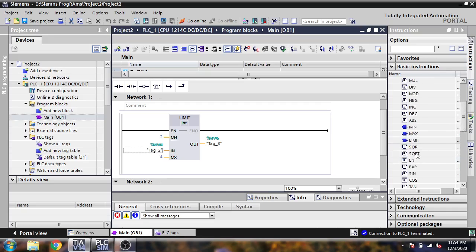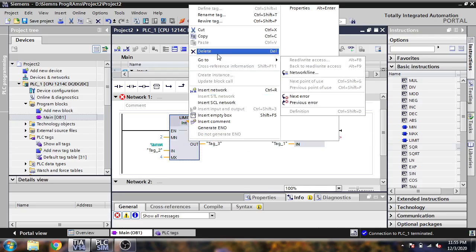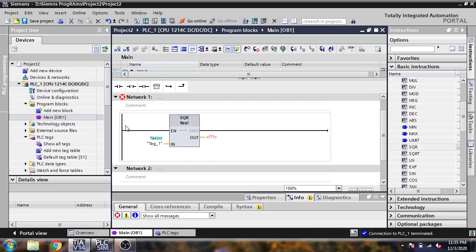So now I am going to show you a square root. MW2, so MW4. First of all, it will always lose an integer until 0. I think I need to delete something.